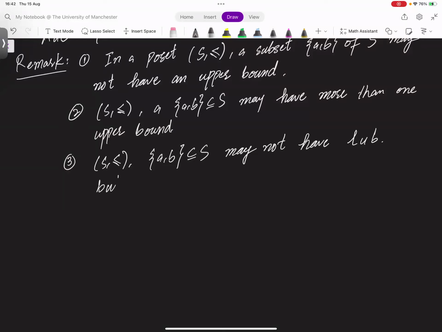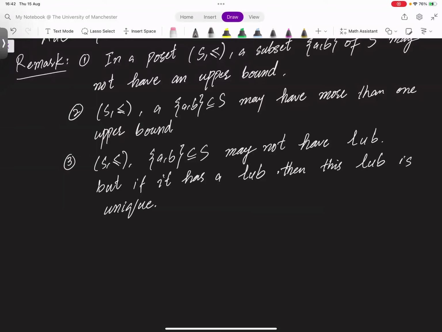But if it has a least upper bound, then this least upper bound is unique. Perfect.